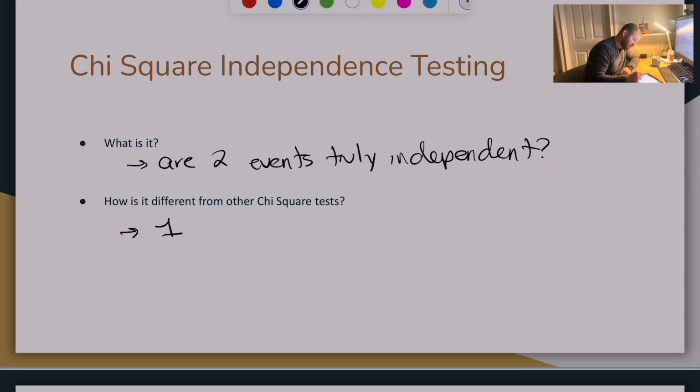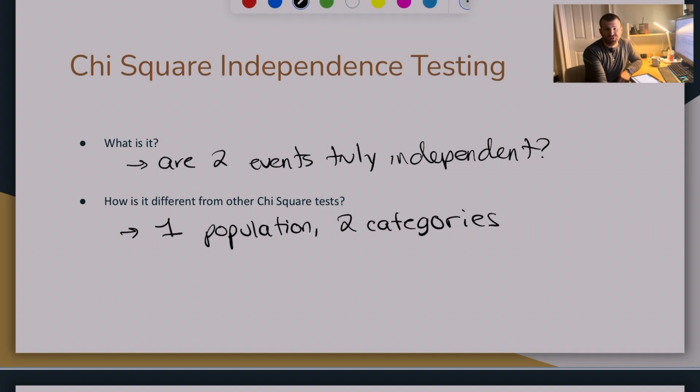Here, you're going to notice that you're given one population, but they're split into two categories. So instead of just having a row or a column like we had in the moose question, what you're going to have is a two-way table. You're going to have some rows and you're going to have some columns going across the top. And so one of the biggest giveaways that this is an independence test is that you're going to have a two-way table.